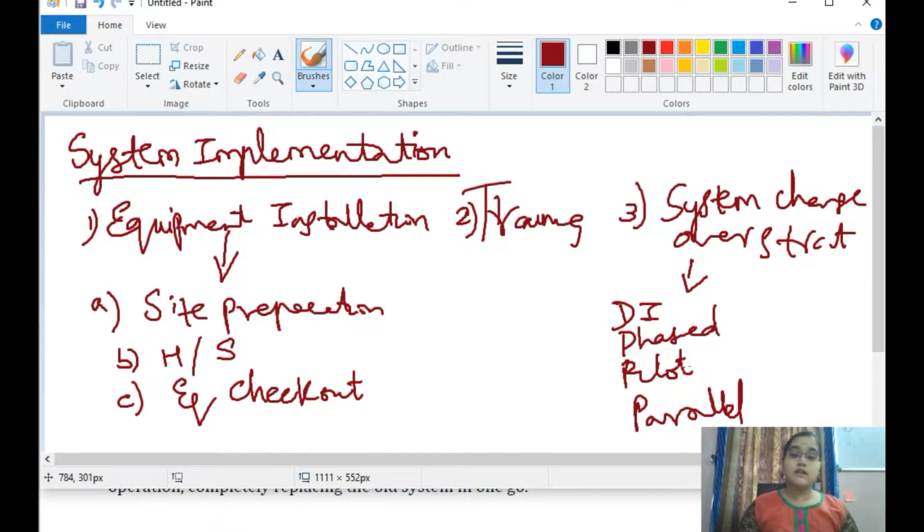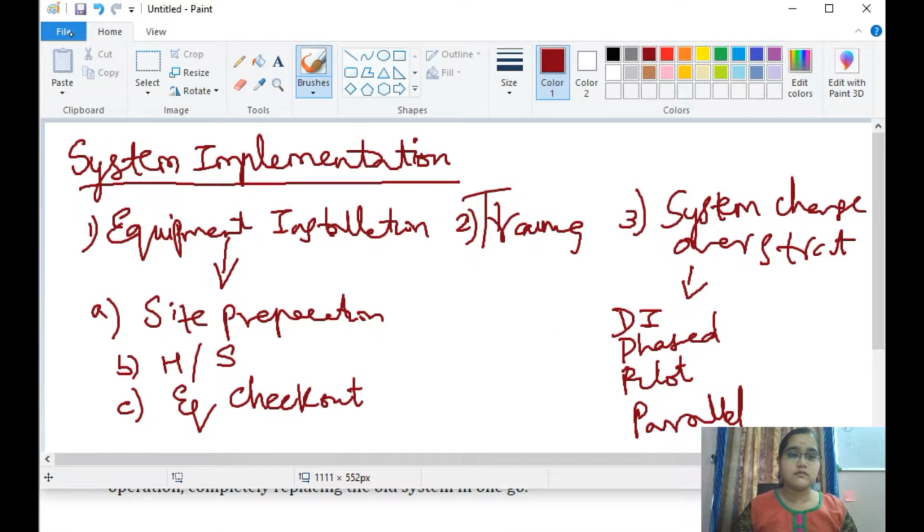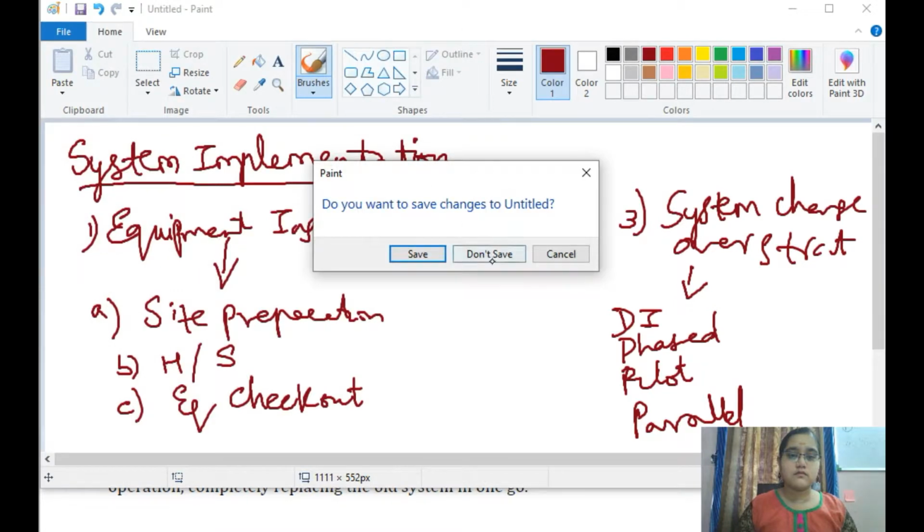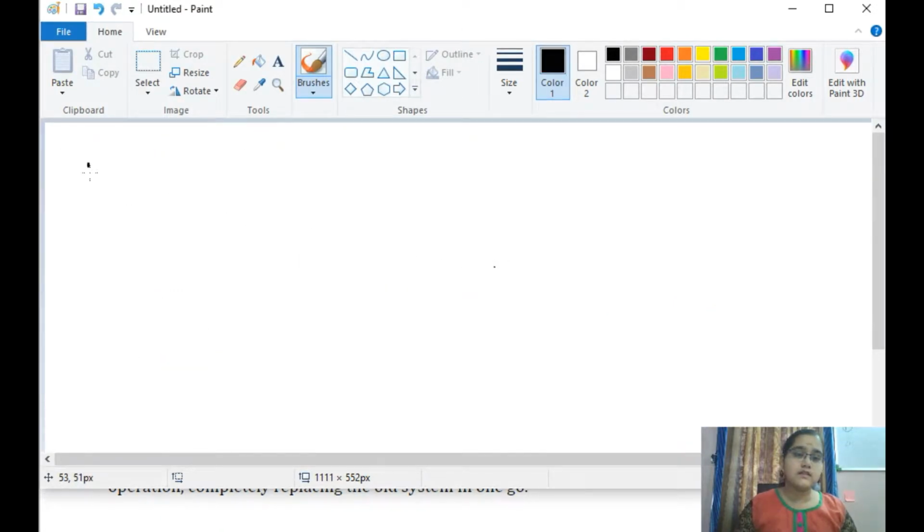Then there are a few aspects which the system development team must ensure are done before the system is implemented. What are those activities? These are the technical activities which must be completed before implementation of the system.